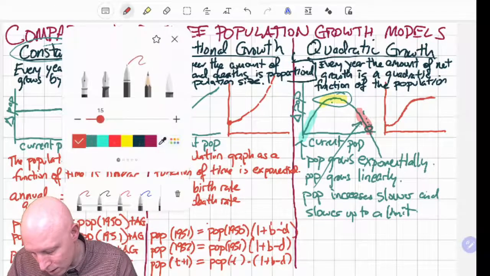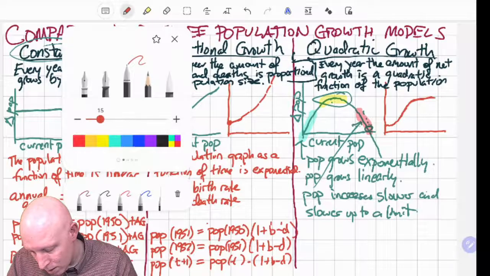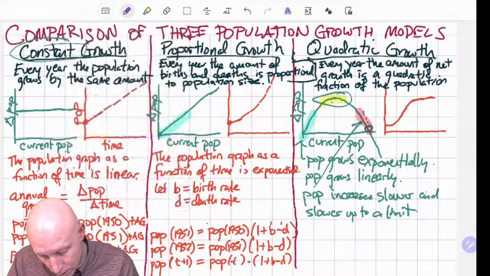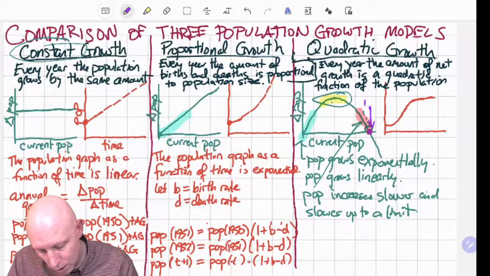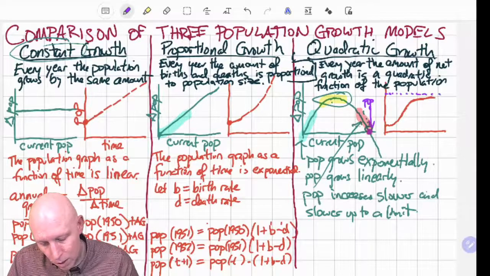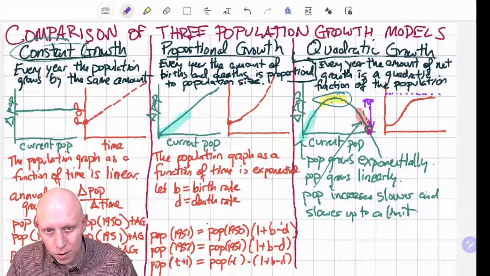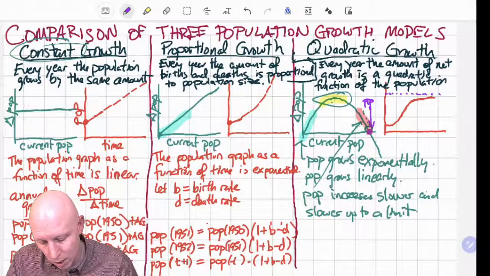And let me change the color again. So this point right here, this population, is called the carrying capacity of the population.